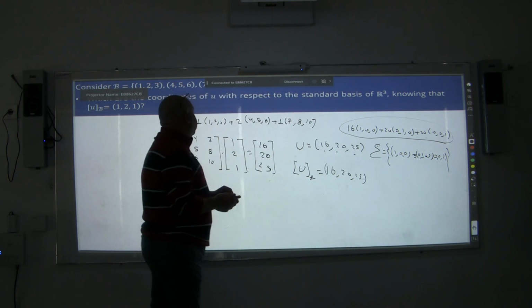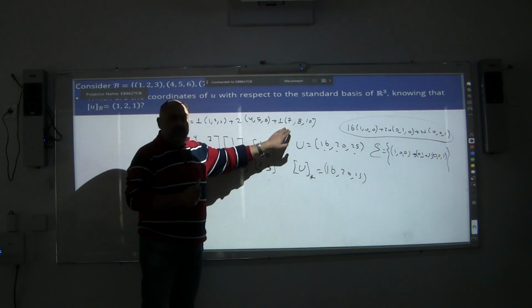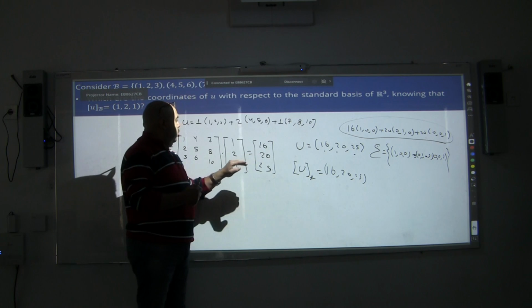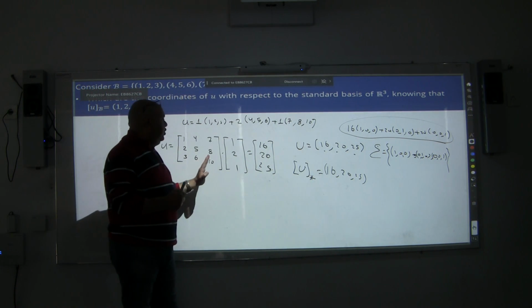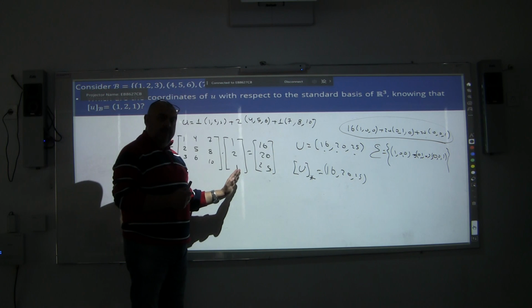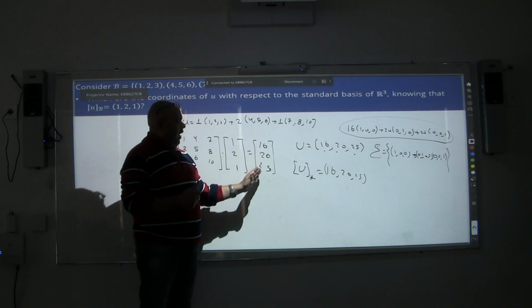So I can get the vector U either by the main linear combination equation, or by multiplying the A matrix by the column of the coordinates, and you will have your vector.